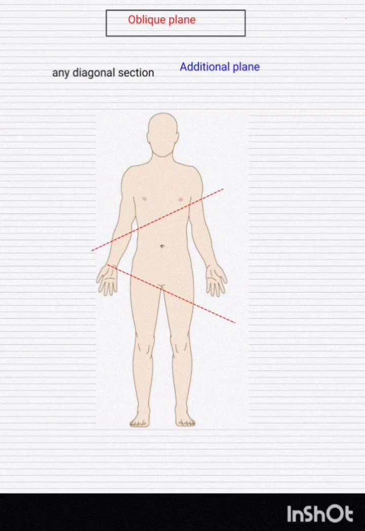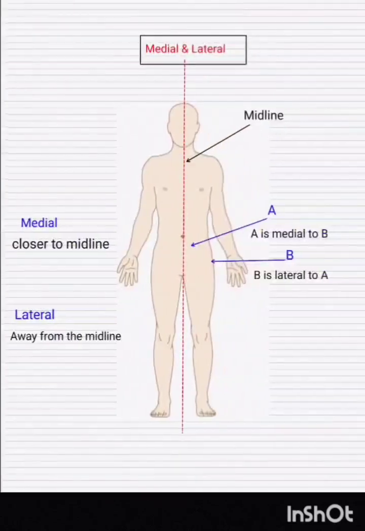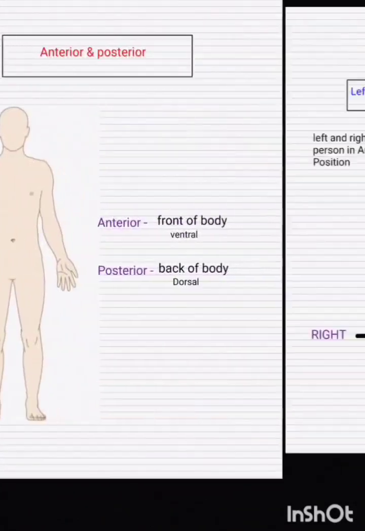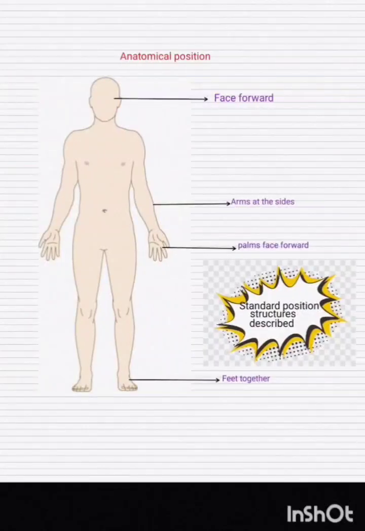So far we have discussed anatomical position, directional terms and anatomical planes. So these together form the basic language of anatomy. So let us revise once more. First we talked about the anatomical position. This is the anatomical position.